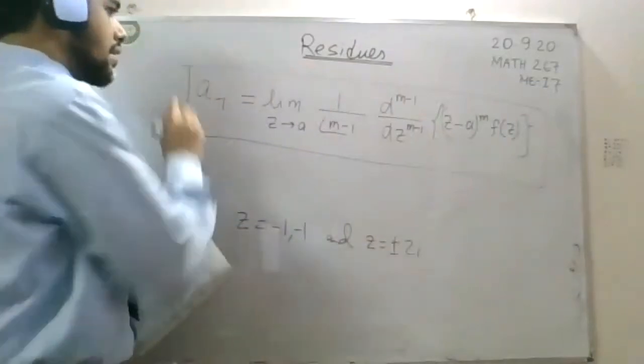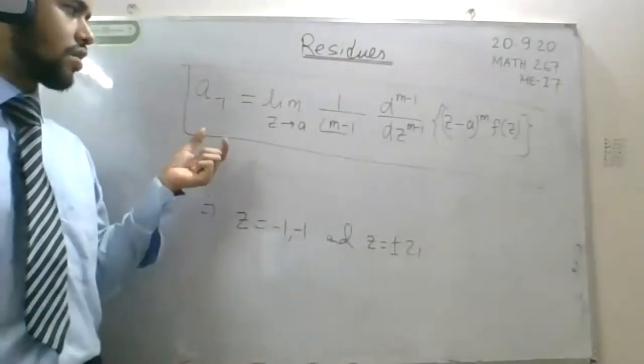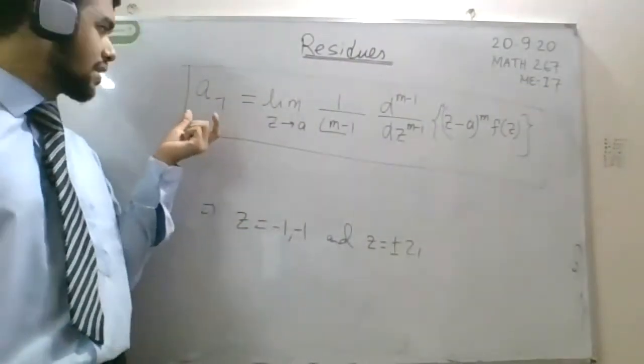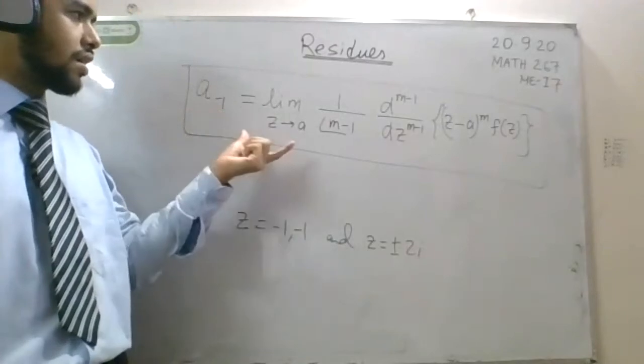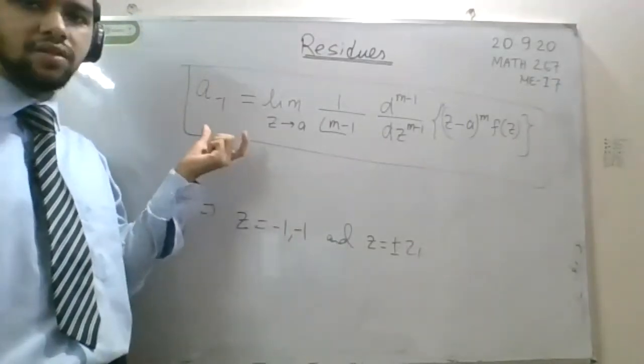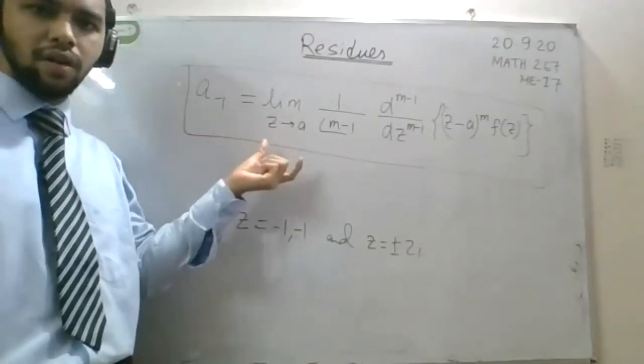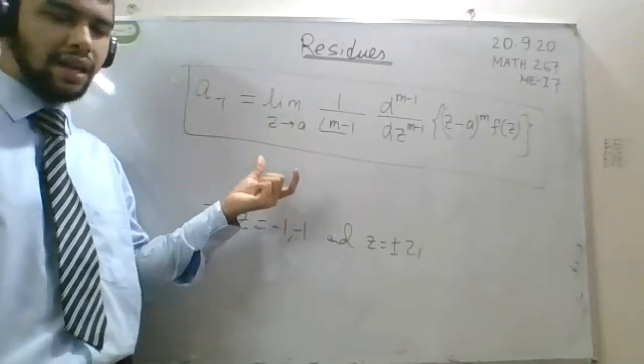So this is the formula for finding the residue at a double pole or higher order pole.